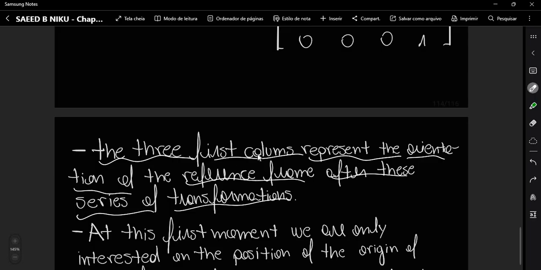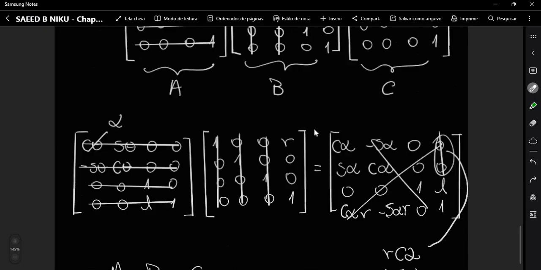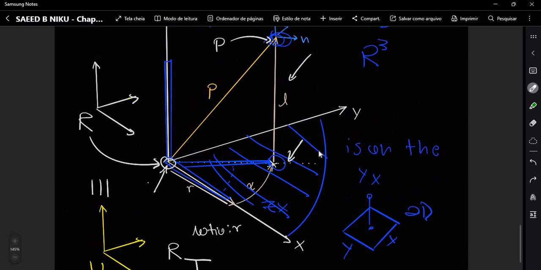So the first three columns represent the orientation of the reference frame after this series of transformations. So let's interpret this. If it's saying that this is after the transformations, we can already discard that it is referring to this point.